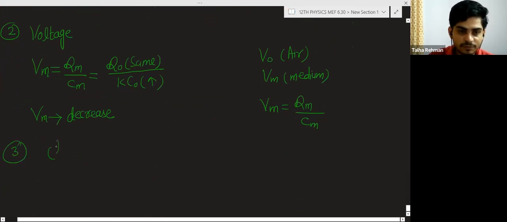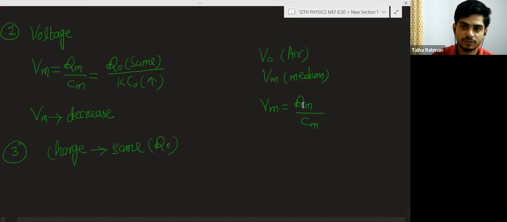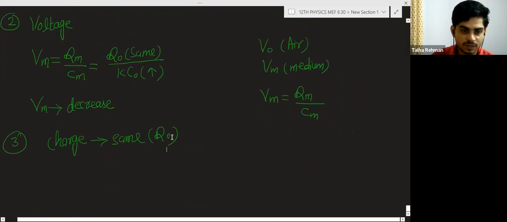And now the third point. If someone wants to calculate the charge on the plates of the capacitor, the charge will remain the same as before, Q naught. We have discussed that here. And the fourth point is the energy.